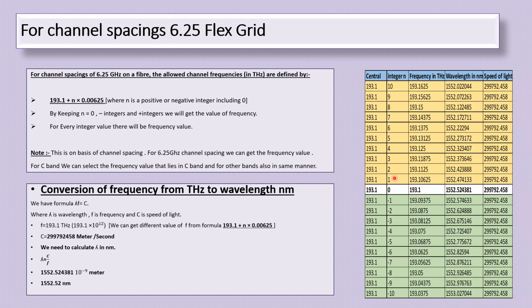By keeping n equal to 1, 2, 3, or moving toward the positive integers in this formula, we get the different frequency values, and the corresponding wavelength is given here. In the same way, when we move toward the negative integers, we get these values, and the corresponding wavelength is this. So these are the different frequency values for this 6.25 gigahertz.